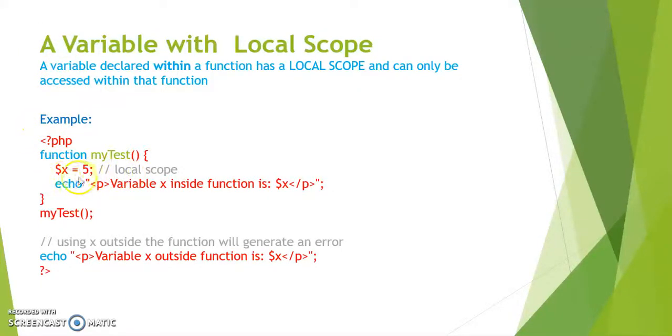This makes it a local scope because it can only be accessed inside this function. For example, echo "variable x inside function is: $x". Trying to access this variable outside will give us an error.